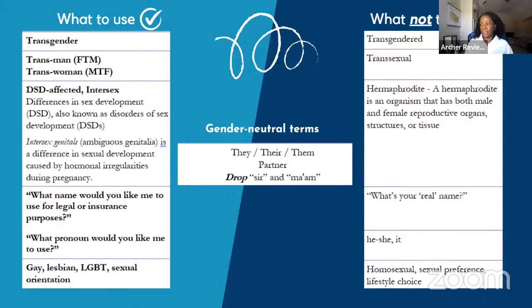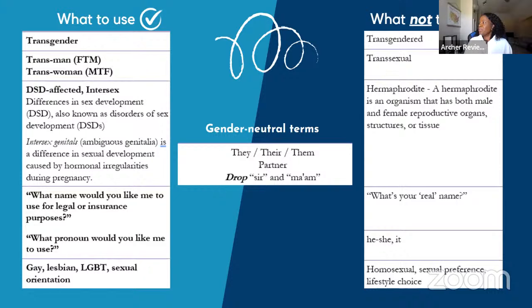Again, like I said, you can ask what pronouns they like to go by. In their sexual orientation, it could be gay, lesbian, bisexual, other terms, so it's always good to identify that. Transgender and transsexual, we'll go over that a little bit.